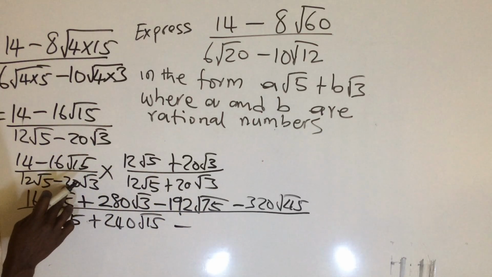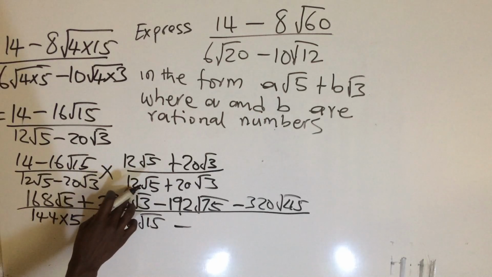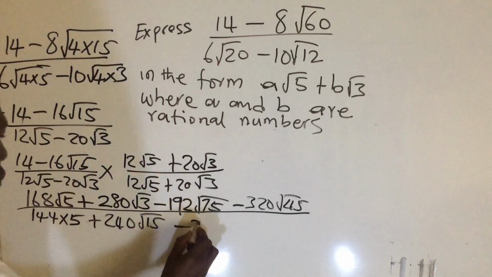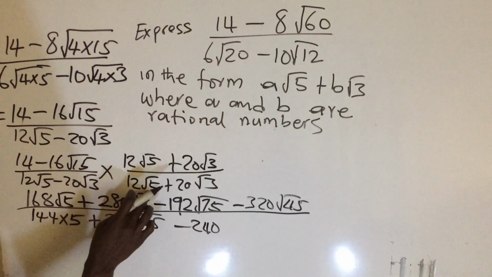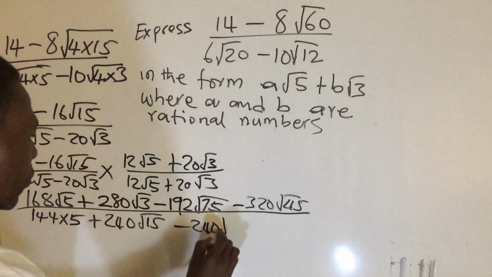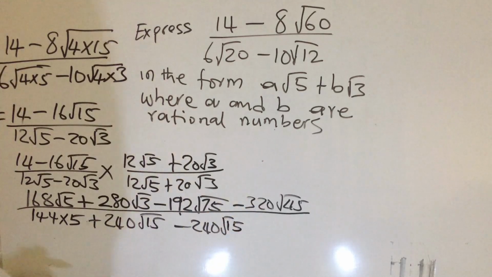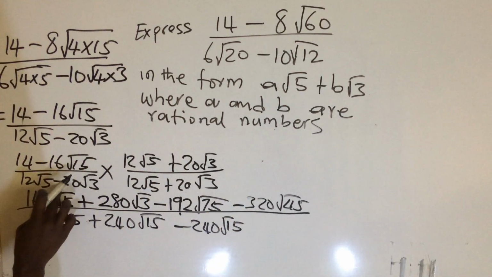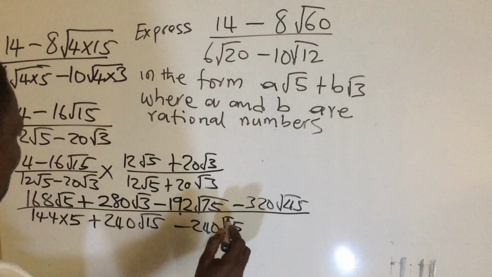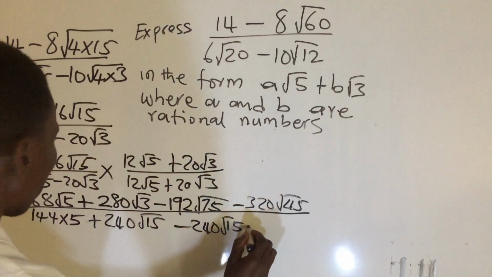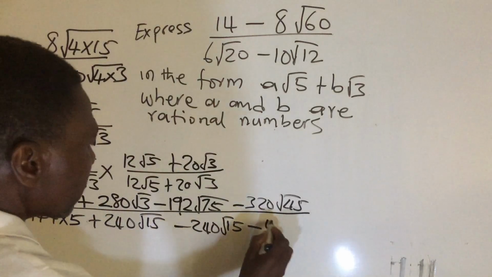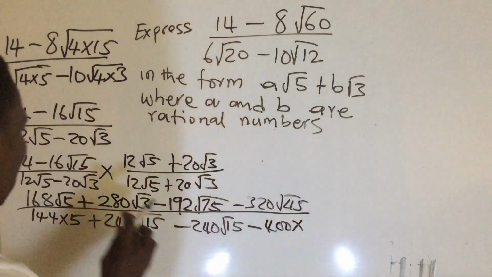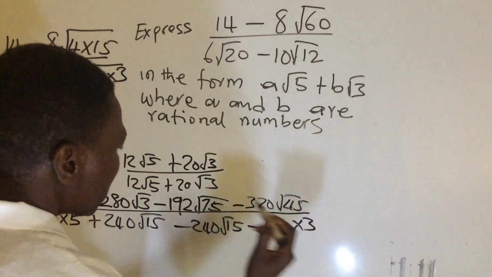Minus 20 times 12 will still give us 240, then root 3 times root 5 will still give us root 15. Now the same, minus 20 times plus 20 root 3 will be minus 400 times root 3 times root 3, which is 3.